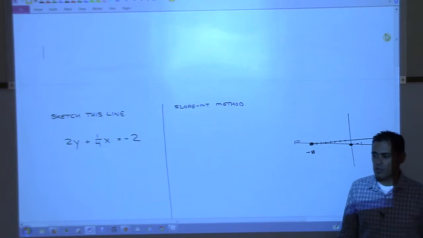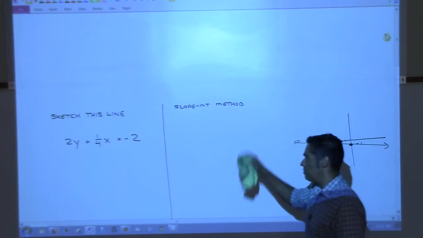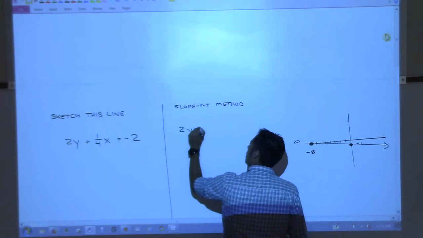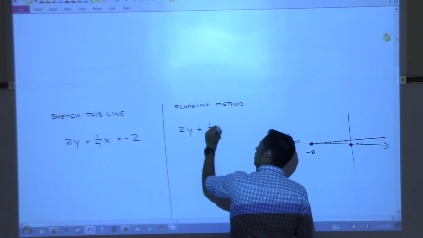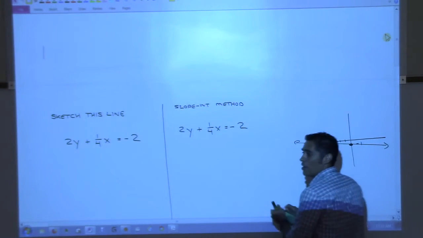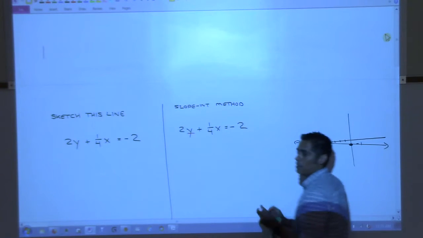You're just going to take the equation and solve for y. That's really what this means. So I take my equation, and I try to isolate this y term right here.